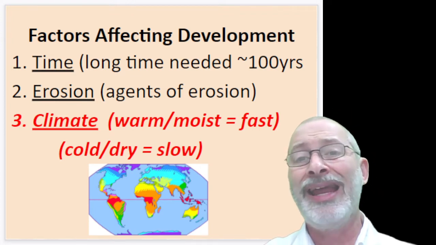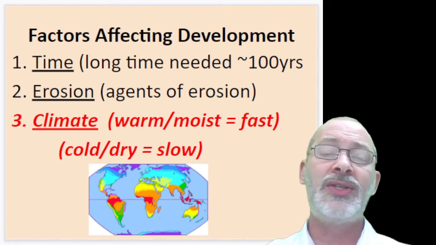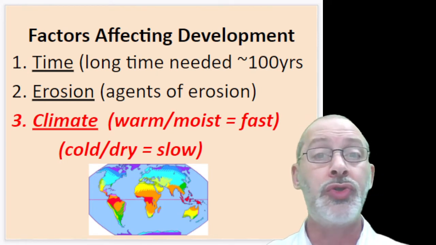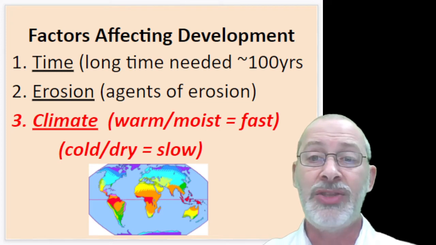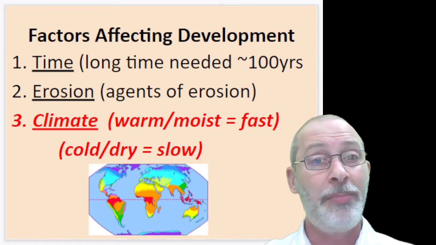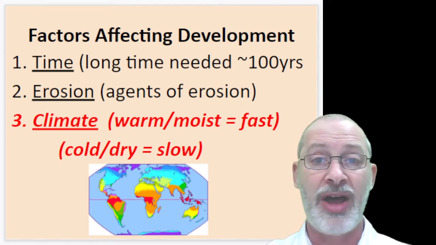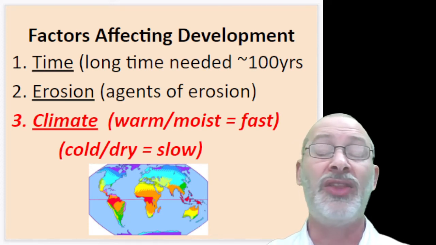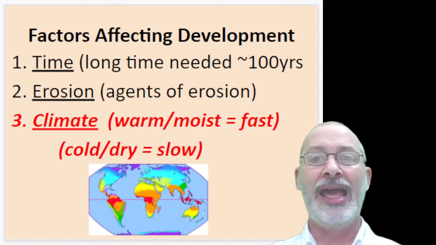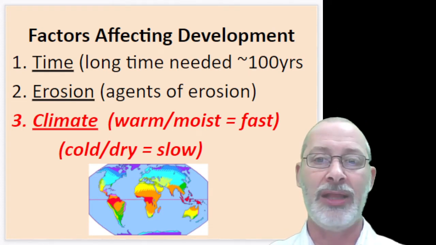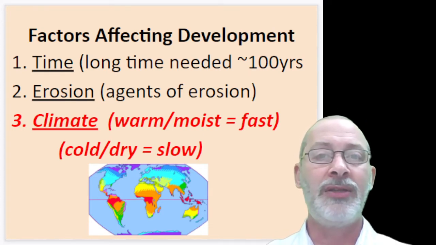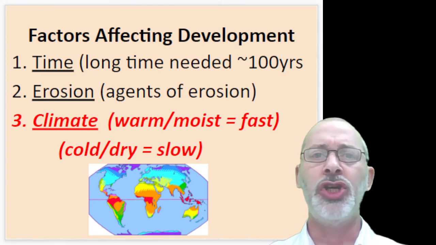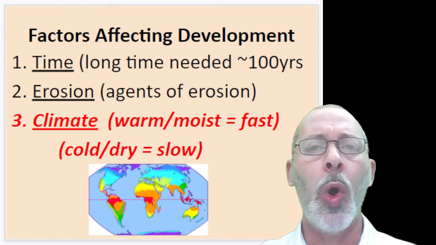If you are in a warm and moist climate like a tropical rainforest, somewhere closer to the equator, it's going to develop a mature soil profile a lot faster than if you were in the tundra in a cold and dry climate. The development of a soil is going to be very, very slow.